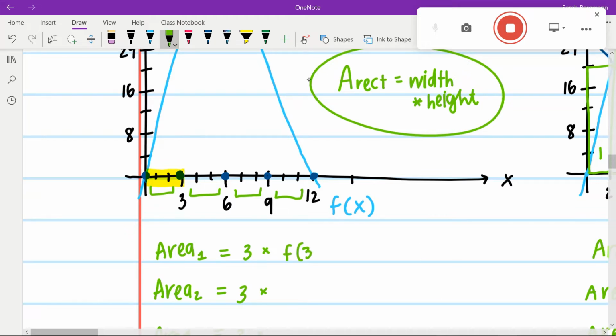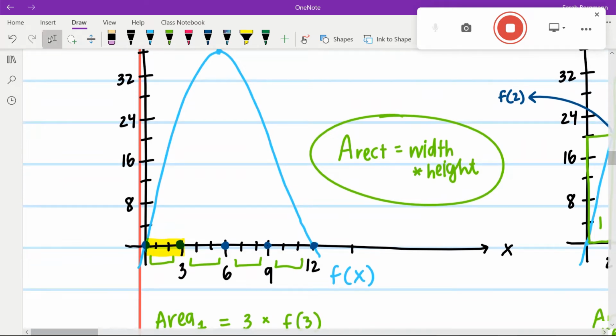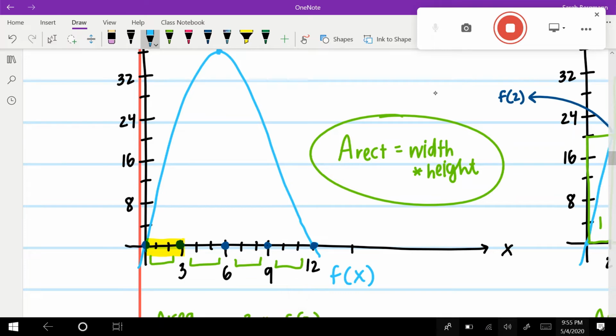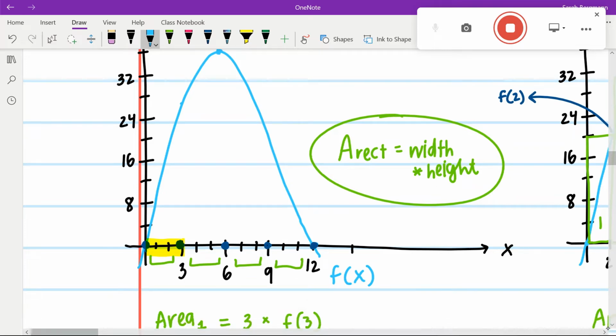So the height is the function value of 3. So if you plug this into your calculator, you should get 27. So we can sketch this out. Should be approximately here. So there's our first rectangle.